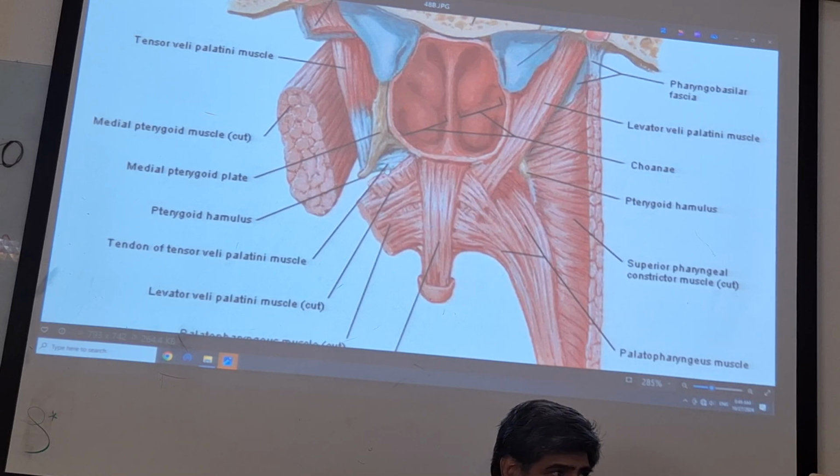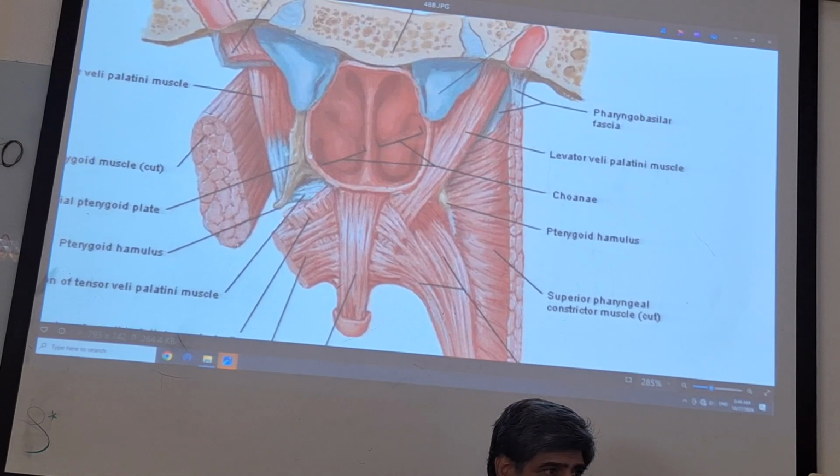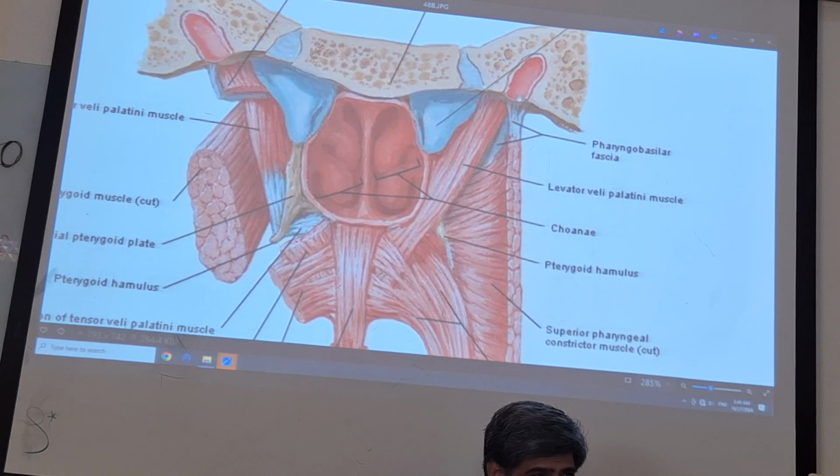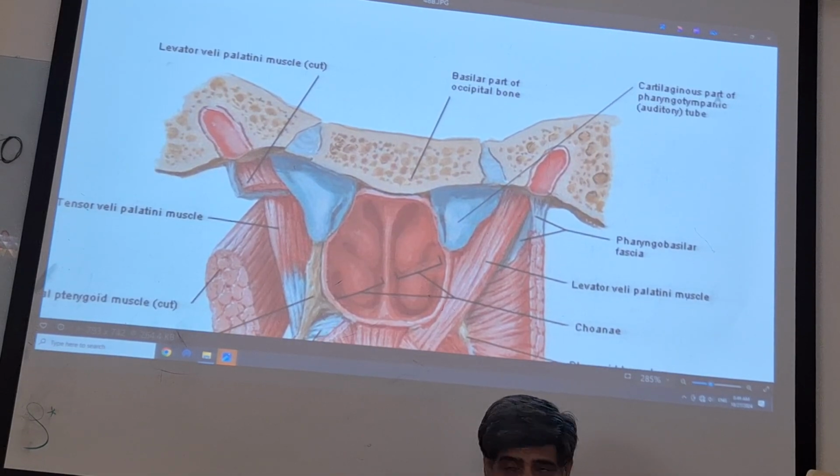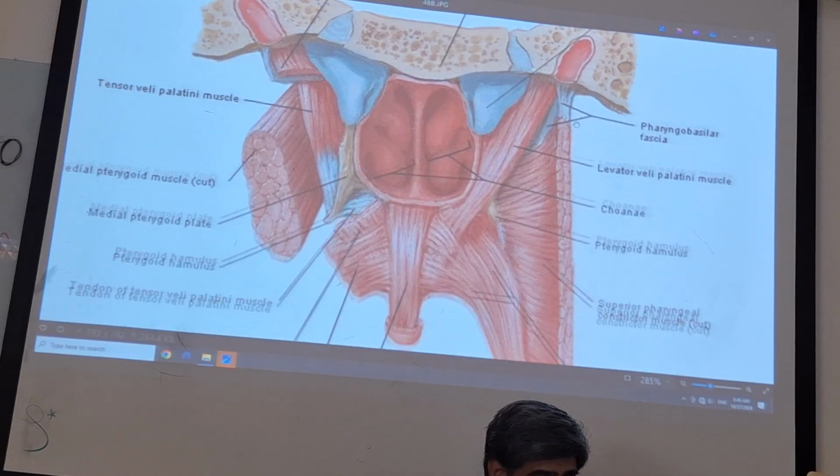And another muscle, levator veli palatini, has origin from the inferior surface of the petrous and the inferior surface of the cartilaginous part, with insertion into the aponeurosis.